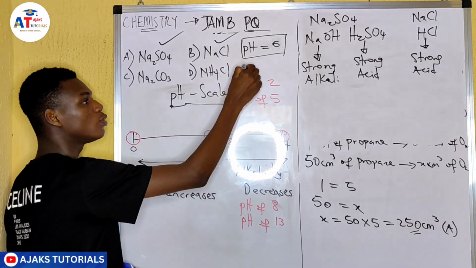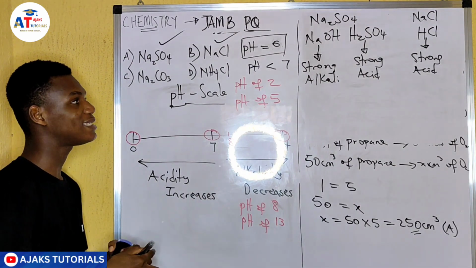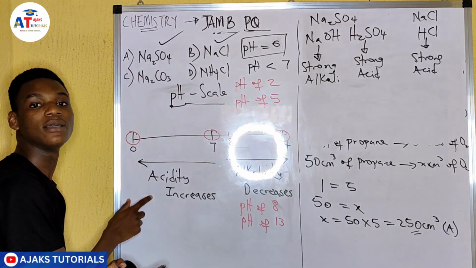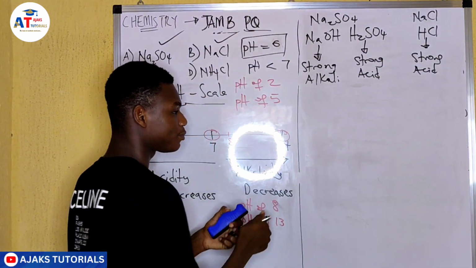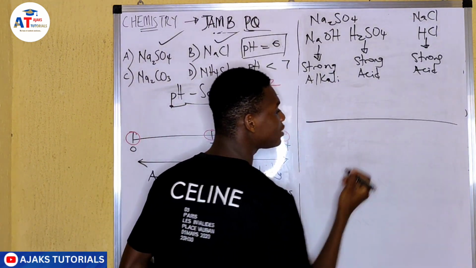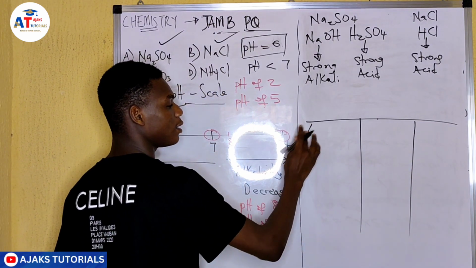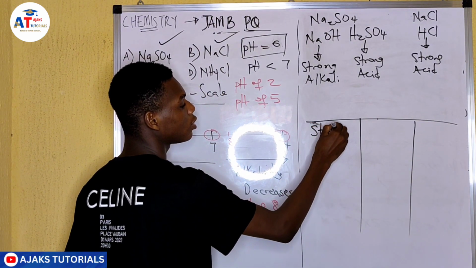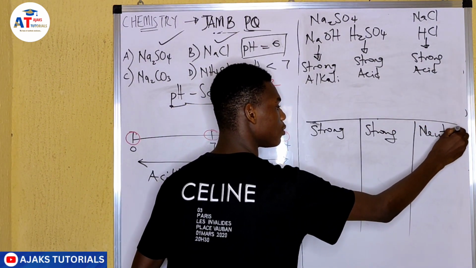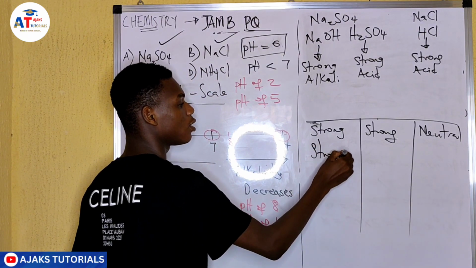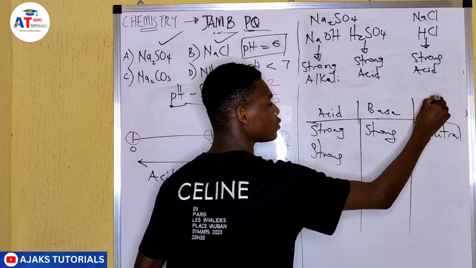We are looking for a salt that has a pH less than 7. In other words, we are looking for a salt that is acidic. Now, let me quickly give you a table. So before I read the answer, you can already tell your answer. Let's say this is acid and this is base and this is salt.